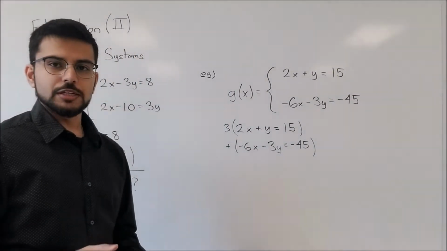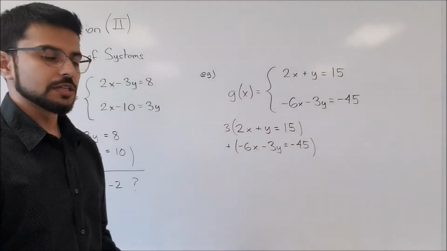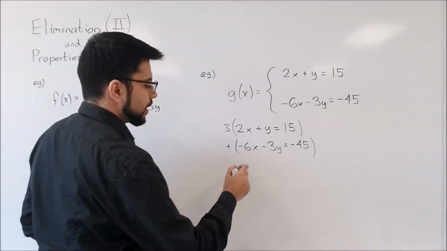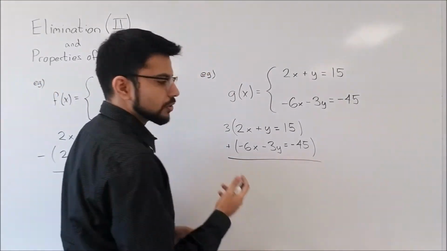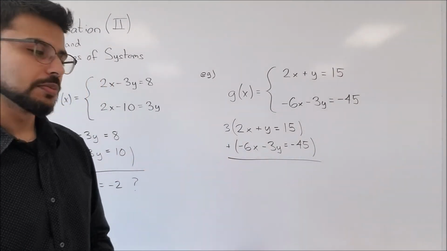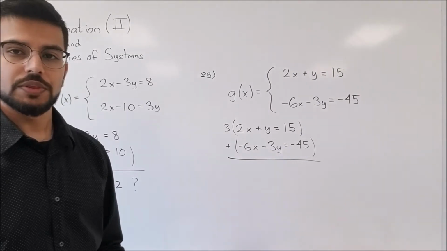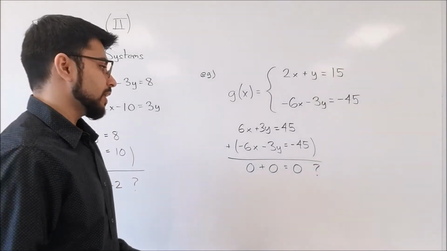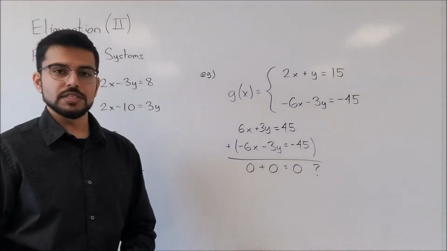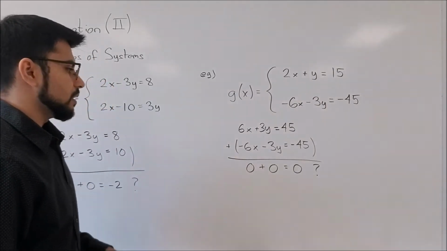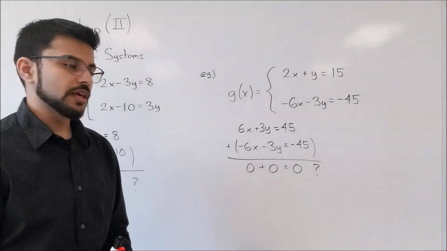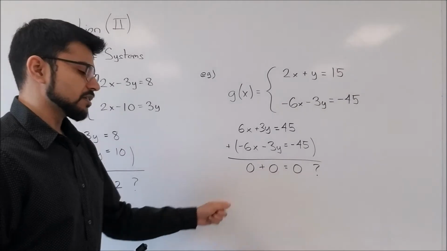So just like with elimination part 1, I'm going to set the equation up the same way as before. We're going to solve it the same way as before. I just wanted to see what it looks like before I actually do the multiplication. So the only multiplication goes into that first equation. We're going to multiply everything by 3. Okay, and in doing that, I end up getting 6x plus 3y is equal to 45. And now I'm going to add my second equation to that. So 6x minus 6x is 0.